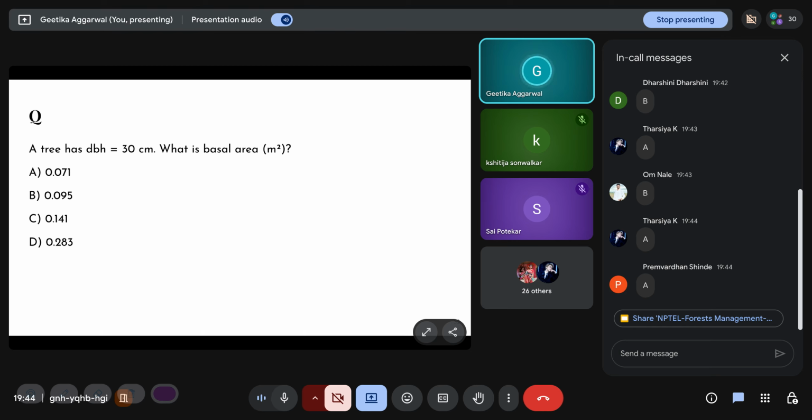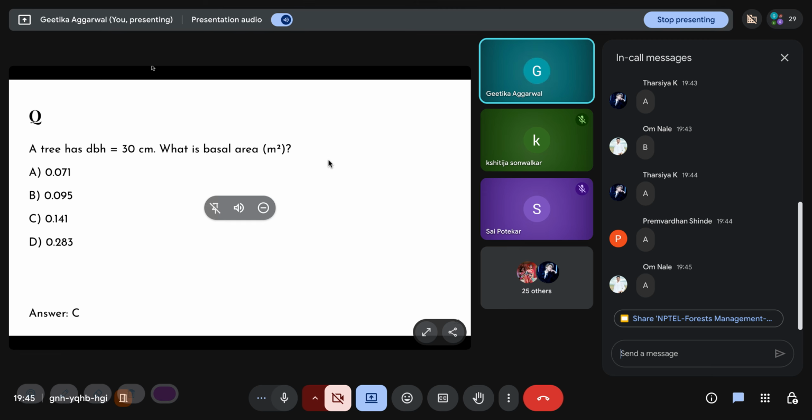A, 0.071. Others, have you calculated what is the basal area? There are two people saying 0.071. Yeah, very good. The correct answer, according to me, also should be A.